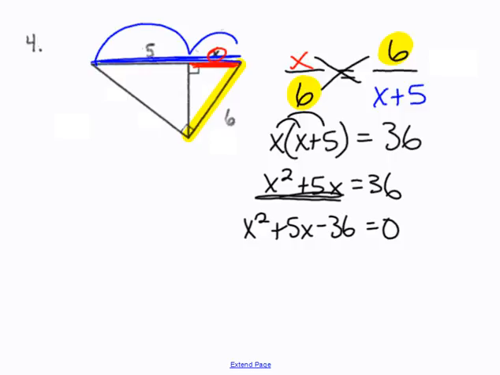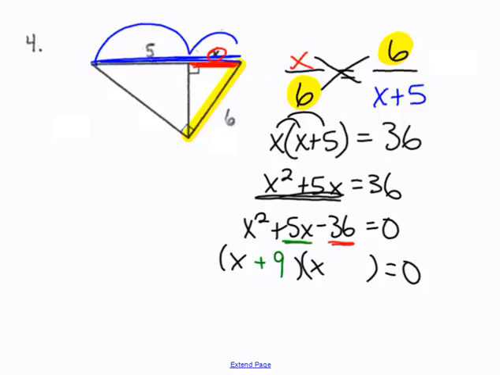All right, well, this might hurt your brain a little bit. That's okay, you'll get over it. X goes here, x goes here. We have to multiply to negative 36, sum to positive 5. Now there's lots of factors of 36, but I know that 9 and 4 are going to work.